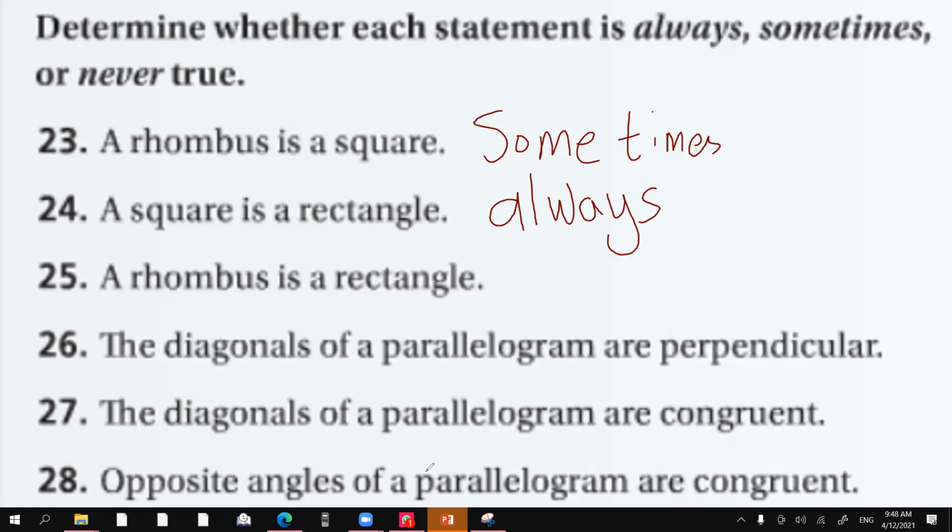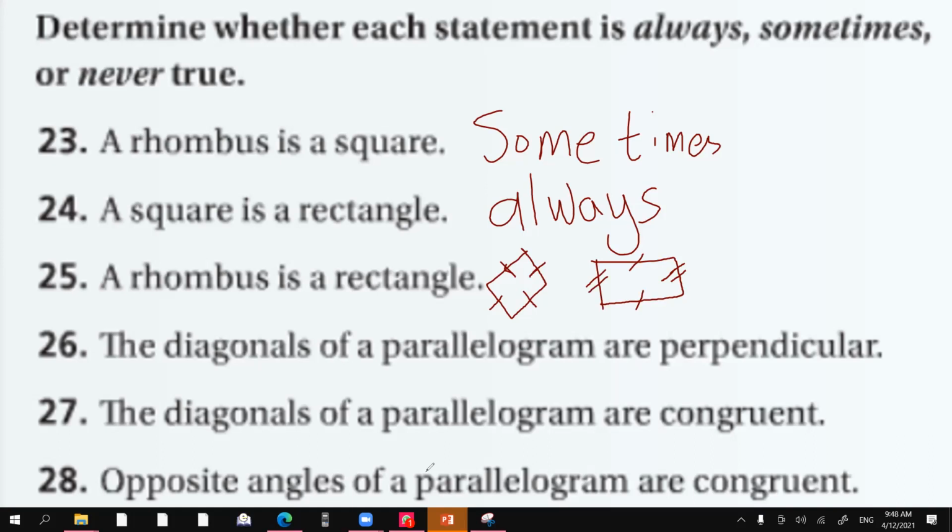Number 25: a rhombus is a rectangle. This is the rhombus. It has four congruent sides with two opposite angles that are equal.